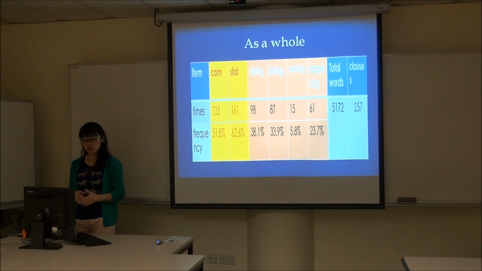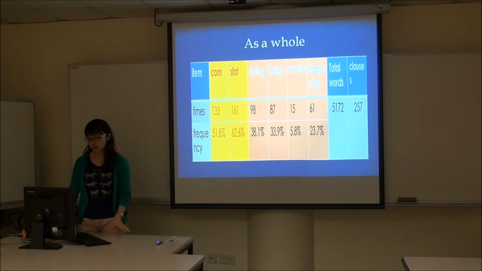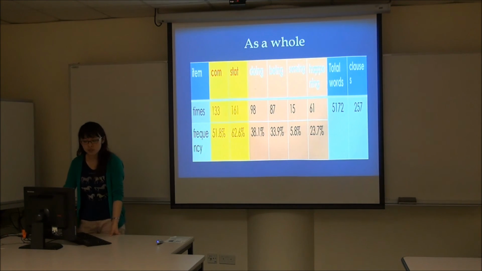As a whole, the total words of my text are more than 5,000, and there are more than 200 clauses, and we can still see that the result is more similar to the previous two charts.